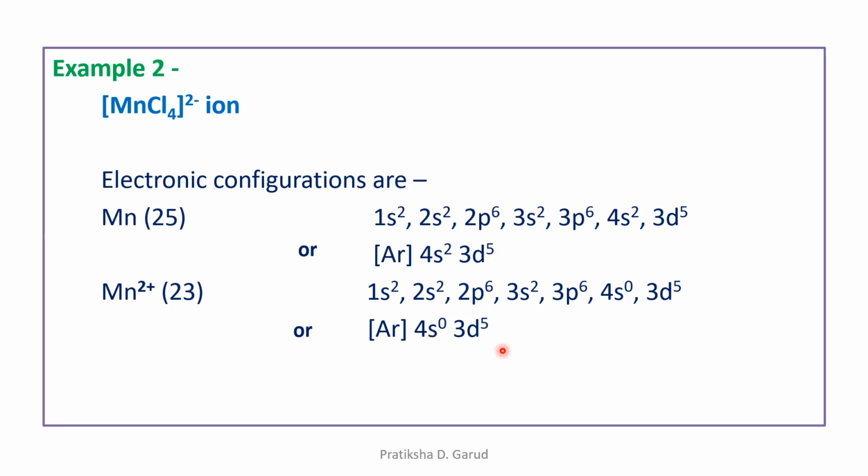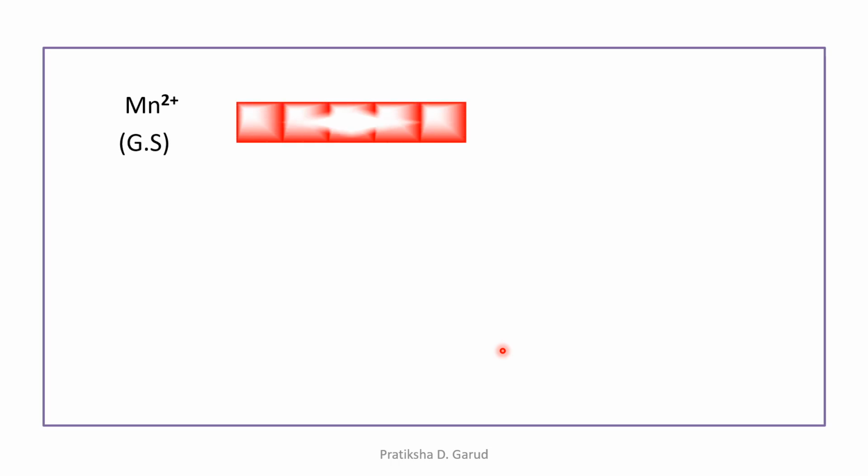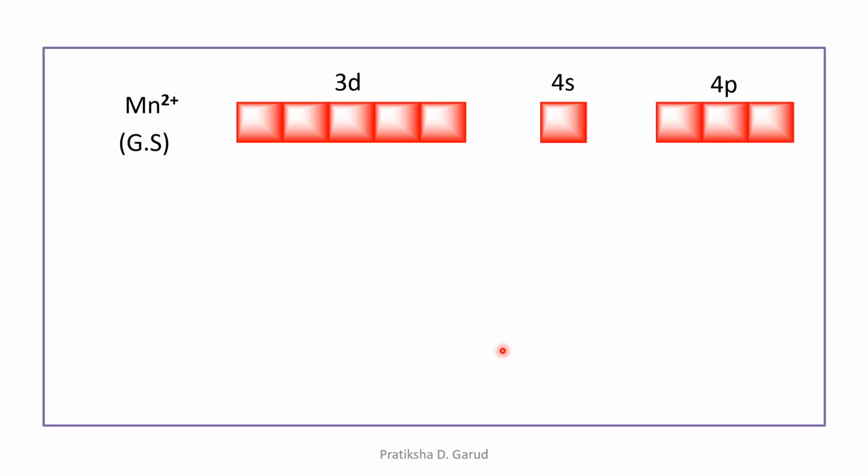So let's put these electrons in the box diagram. We have the Mn2+ in the ground state. First we have the 3d atomic orbital, then the 4s atomic orbital, and then the 4p atomic orbital. Now we know that in the 3d there are how many electrons?